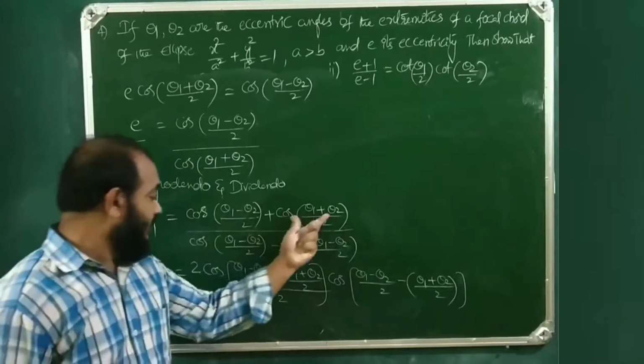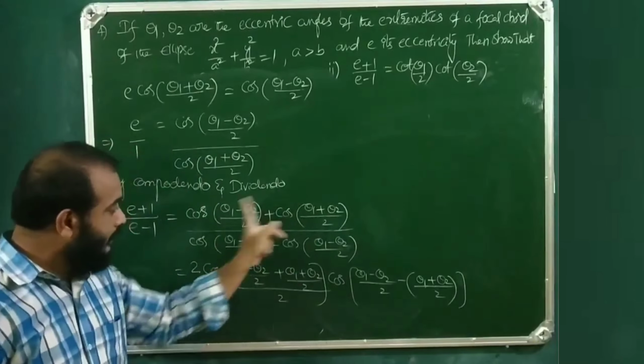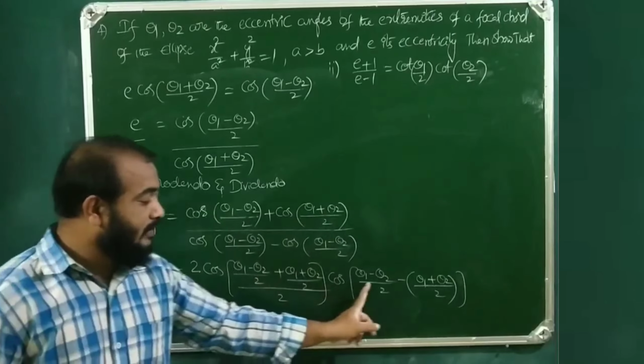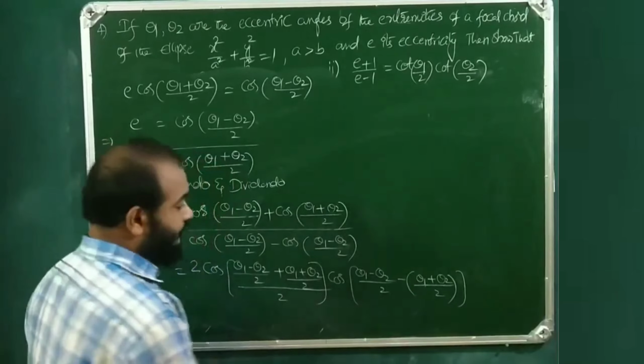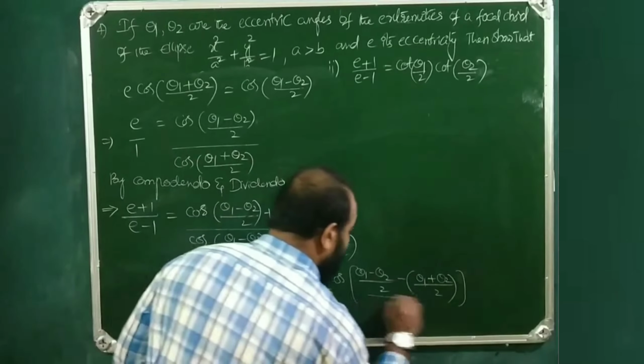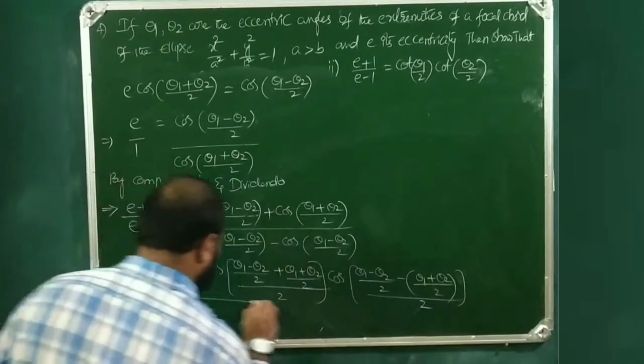Cos C plus cos D is 2 cos (C plus D)/2 cos (C minus D)/2.